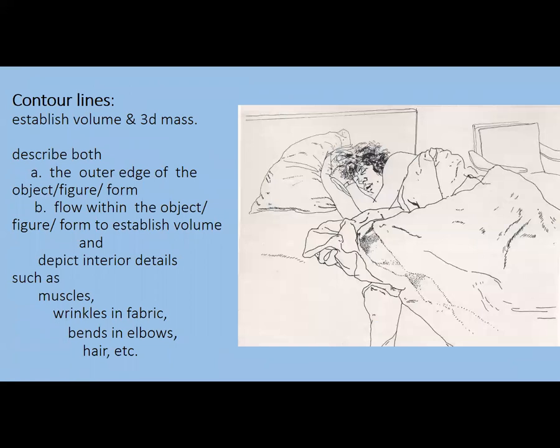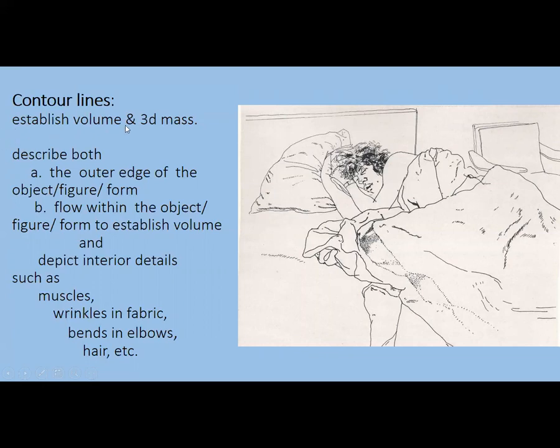Another kind of line is contour line. This is how it differs from outline. Not only does it go around the edge of something, it goes within, it flows within the object to establish volume and 3D mass. So it gives the illusion of something looking three-dimensional. I'm just going to read this.